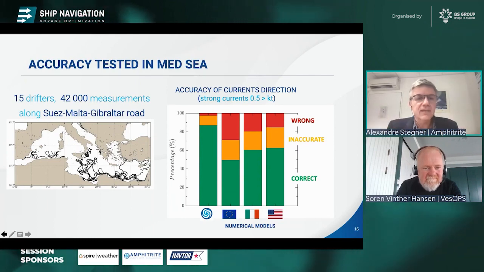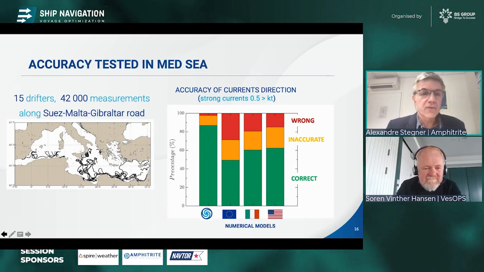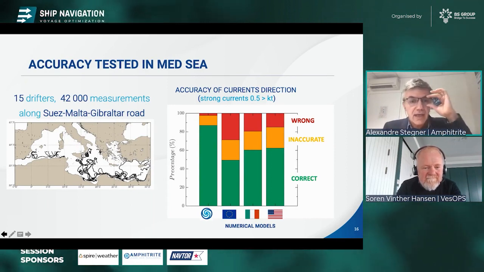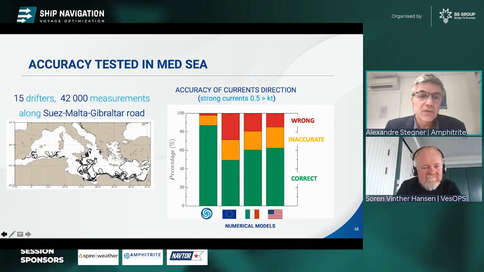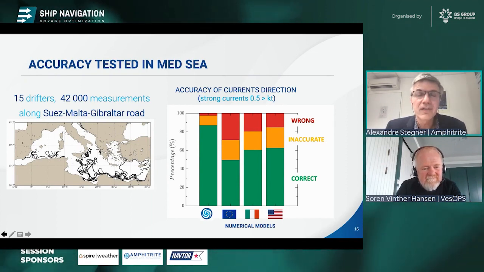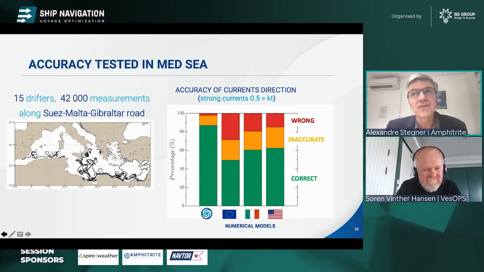But you have many areas where you have strong currents at fine scale that we are targeting. Another issue is that it's expected in the next years that the Mediterranean Sea will be an ECA zone, so a zone where you won't be allowed to use heavy fuel oil anymore. So then you will have to use more expensive fuel, and this is also the main gain to reduce the fuel consumption.